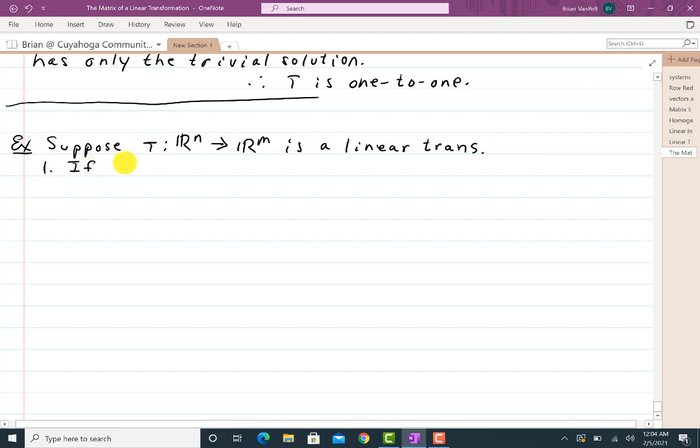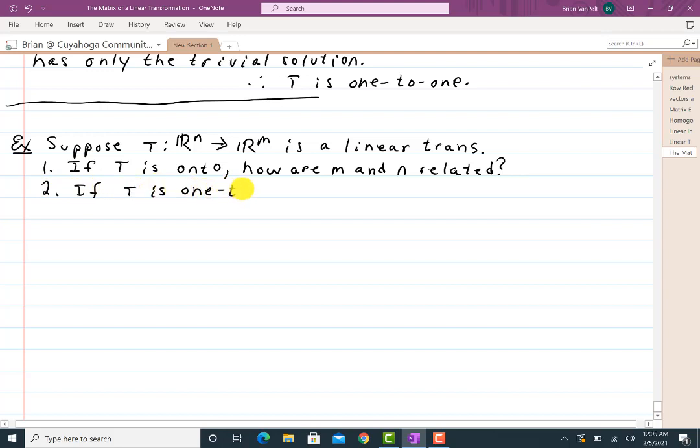If T is onto, how are m and n related? 2. If T is 1 to 1, how are m and n related?